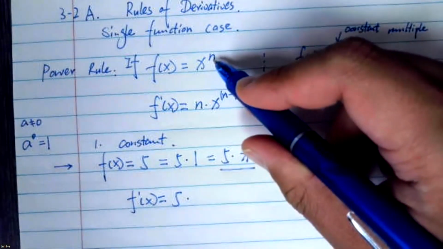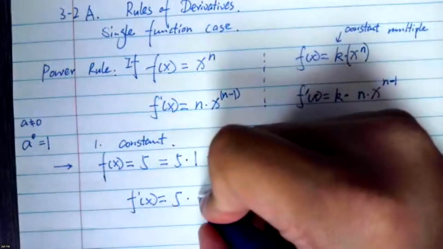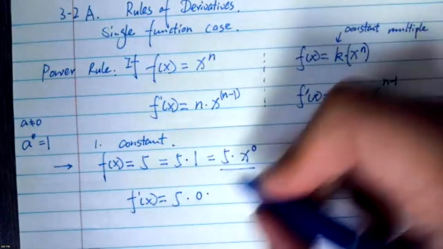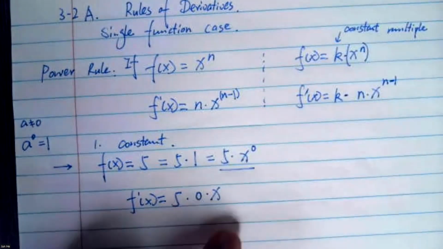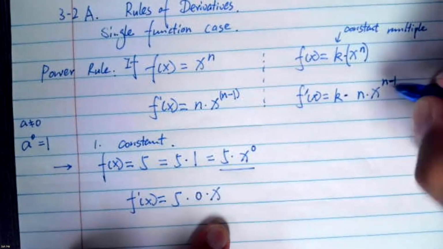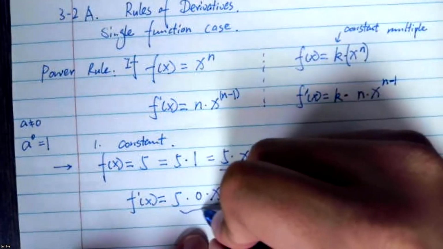What we do is we pull this n down, right? And here n takes the value of 0, and then times x, and then the new power of the derivative is 0 minus 1. What is the value of this?